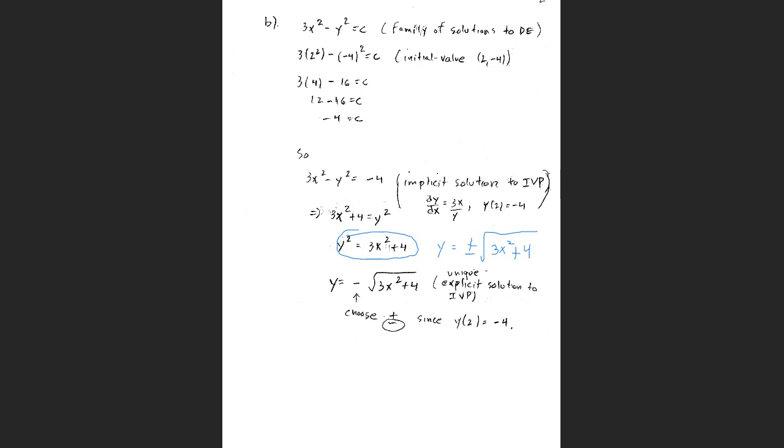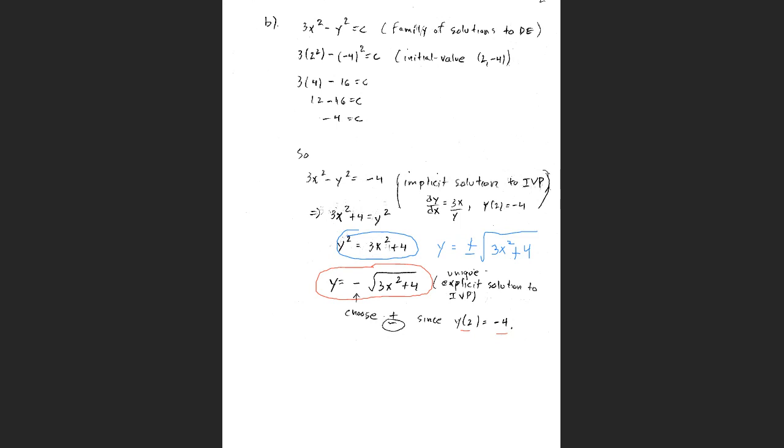But the question is, are we going to choose the plus or the minus? Well, remember, y of 2 is equal to -4. So when x equals 2, y is negative. And so you have to choose the negative here.